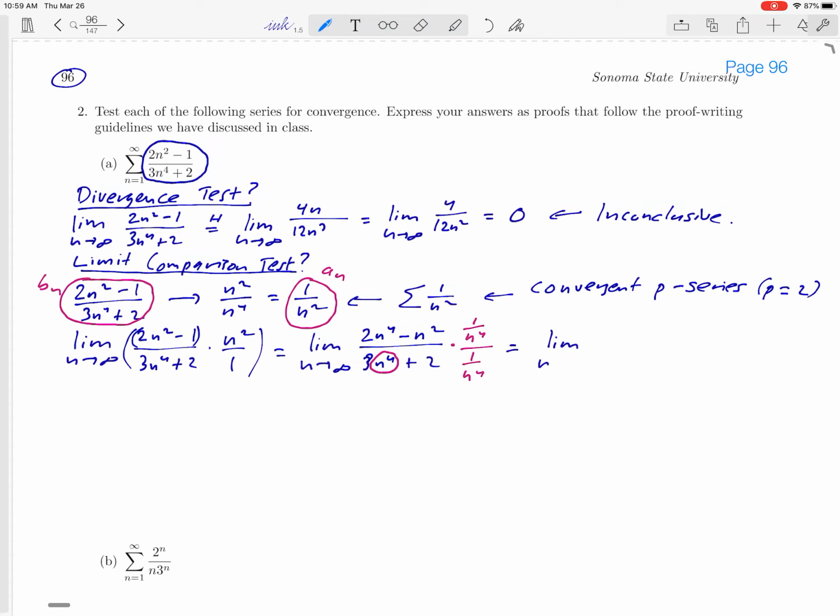That has the effect of basically taking every term and just dividing it by n to the fourth. So if we take every single term and divide it by n to the fourth, here's what we're going to get. We'll just do that term by term.